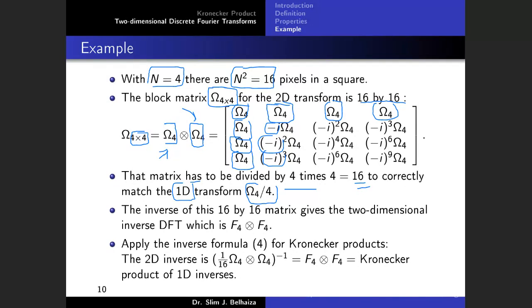The inverse of this 16 by 16 matrix gives the two-dimensional inverse discrete Fourier transform, which is F4 by F4 using the Kronecker product.